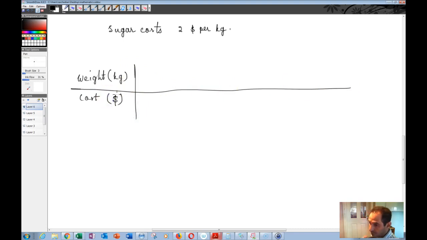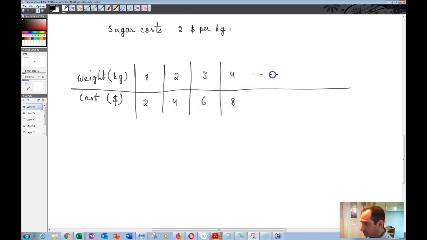If you have 1 kilogram of sugar, it's going to cost you $2. If you have 2 kilograms, 2 times 2 is equal to $4. If you have 3 kilograms, 3 times 2 is equal to $6. 4 kilograms, $8, and so on and so forth.